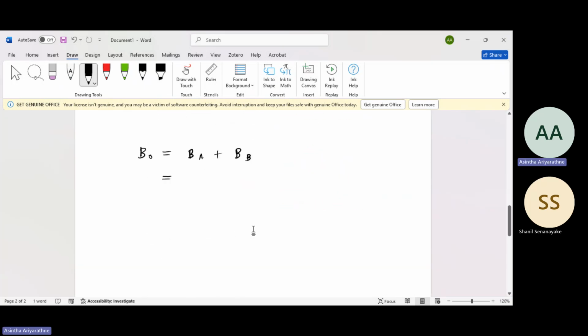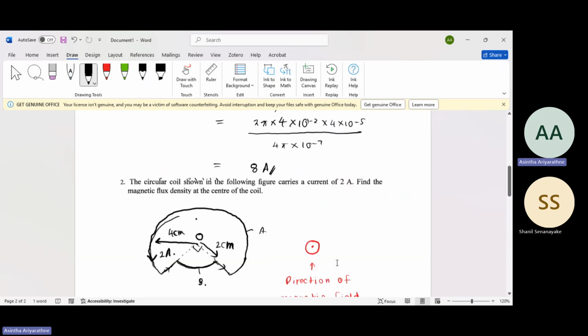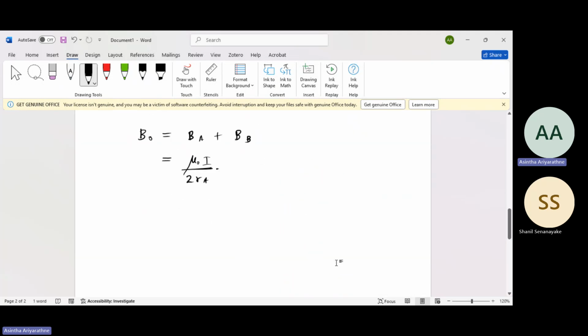So BA is mu naught I over 2RA, but since it is 3/4 of the total circle, we have to consider that.